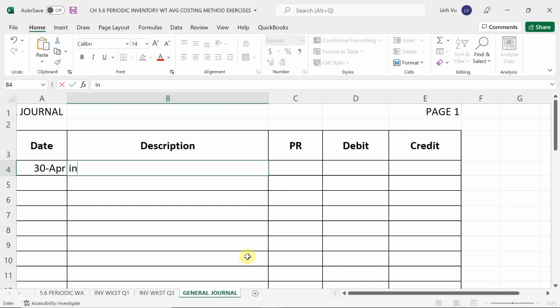Inventory, good. Cost of goods sold. Purchase expense. And freight.